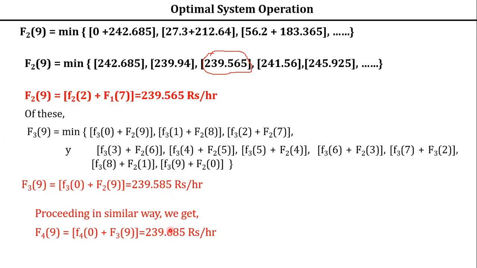So among these four combinations, F1 of 9, F2 of 9, F3 of 9, F4 of 9, which one has got the minimum value?